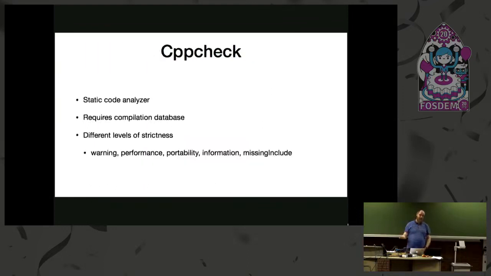Then CPPcheck, that's a different tool. It's an independent project, also a static code analyzer. It's more difficult to use if you use autoconf, because it requires a compilation database, which is a JSON file which includes all the configuration options and C flags and LD flags and the path to files, and you need to build a compilation database.